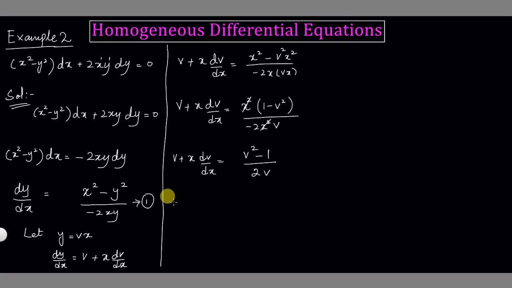So what we will do next, x dv by dx, and we have v square minus 1 over 2v and minus v. Just take the LCM of this side, this will be 2v, so it will become v square minus 1. So this is 1, so this will be multiplied with this one, so we will get 2v square.